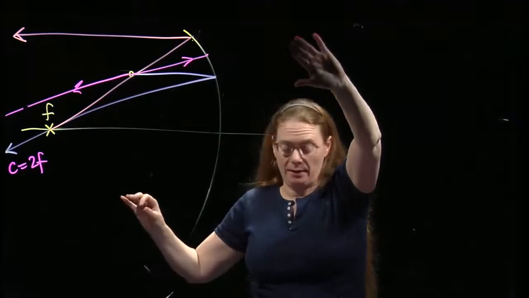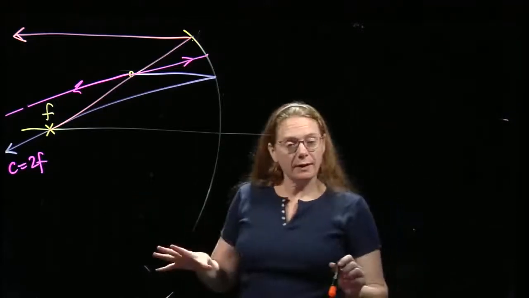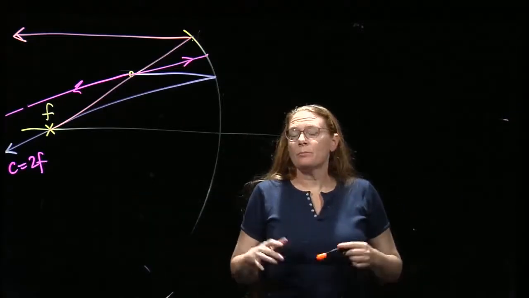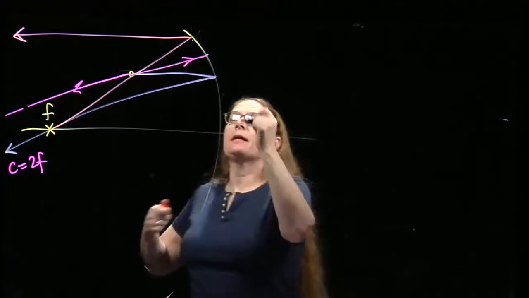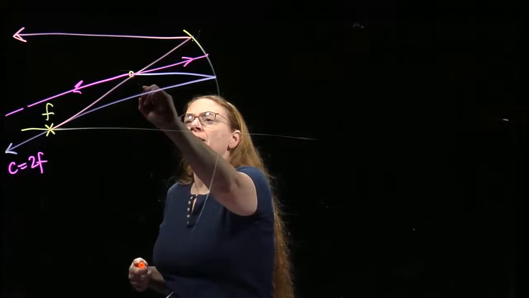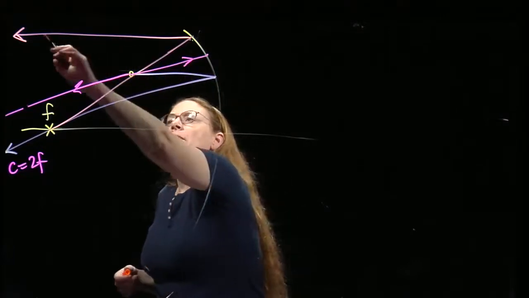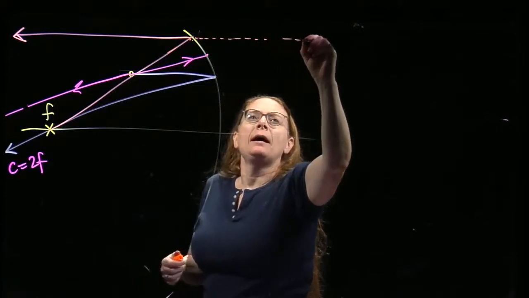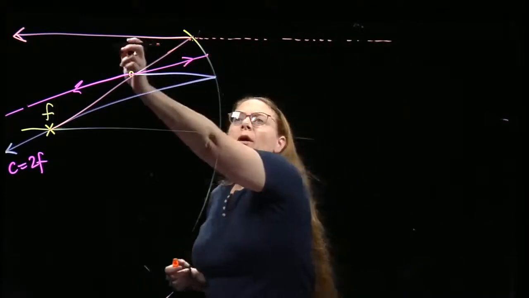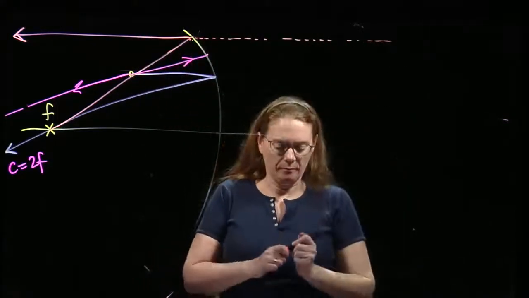Did you guess up here? Because that is correct. What we can do in this case is backtrace where those light rays act like they come from. So again, this light ray right here leaves the mirror like this, and our eye is fooled into thinking that the light ray comes from somewhere along this line.